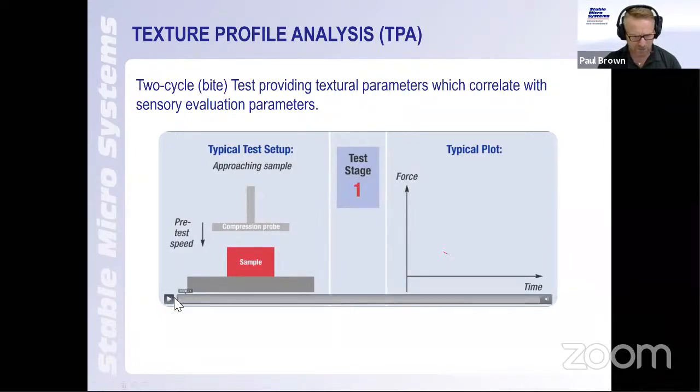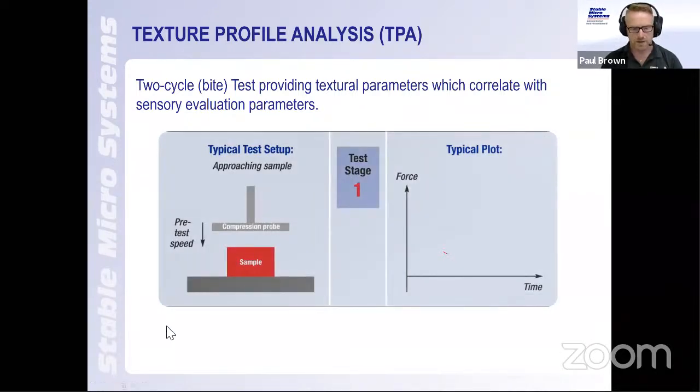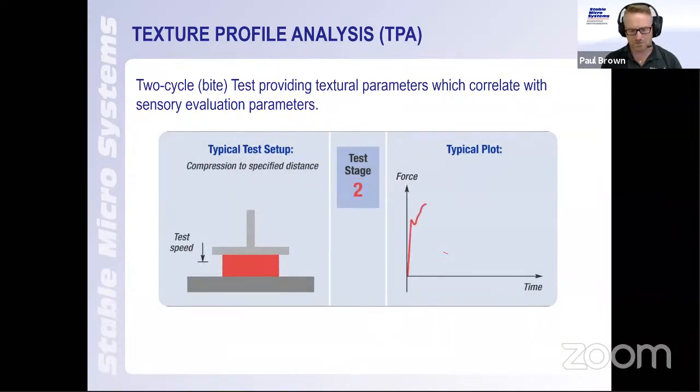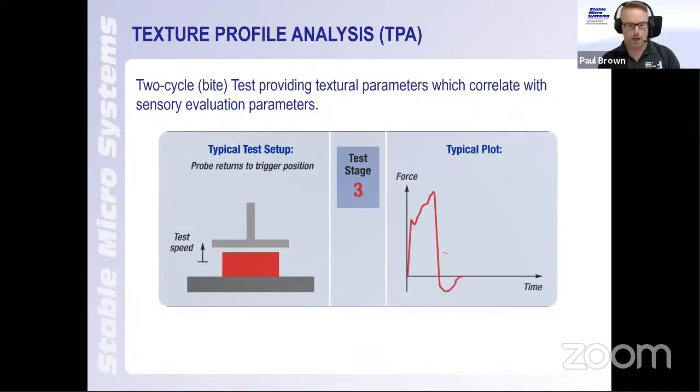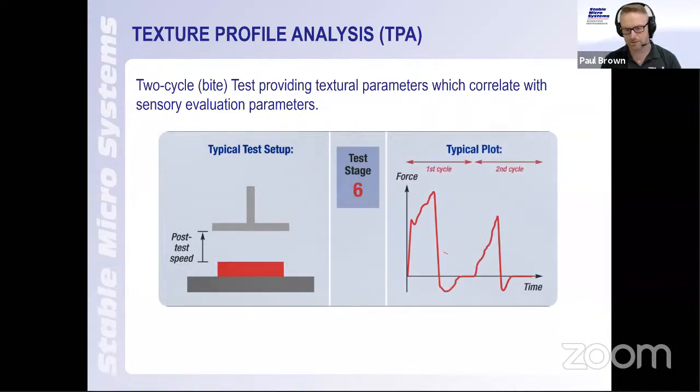Hopefully, if I can make this run. So the compression probe comes down, creates an initial graph, returns, holds for a period of time, and then makes a second pass to create a second test, thus the 2-bite cycle.